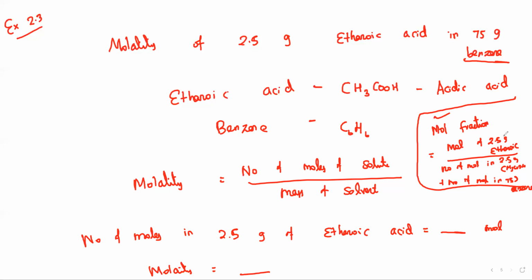So again, I gave the formula. So you can calculate the mole fraction also for this question. I will give you 10 minutes time. Just calculate it and let me know the answer.